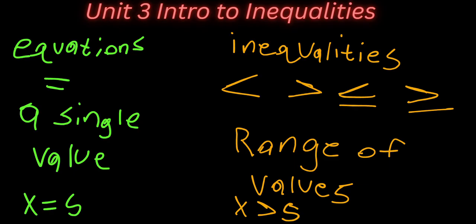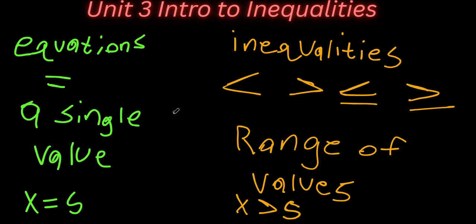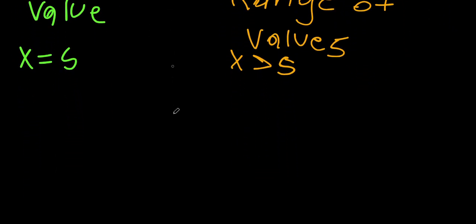These mean two very different things. On the right side, that means x is every number greater than 5. And on the left side, it means x can only equal 5. So again, there's going to be no problem solving in this one. It's just a discussion about inequalities, okay?